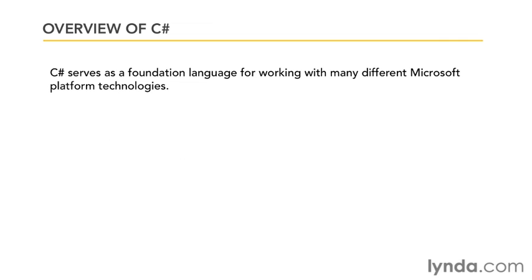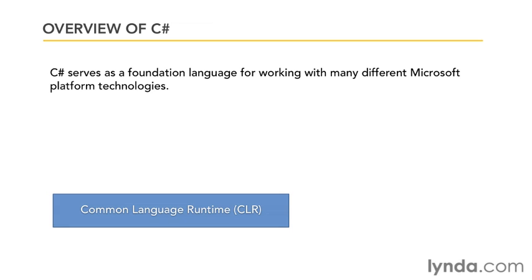Now, as I mentioned earlier, C Sharp is a foundation for working with many different Microsoft platform technologies. At the bottom of the stack is something called the Common Language Runtime. This is the execution engine or virtual machine or whatever you want to call it that actually interprets all the various bytes that the program gets compiled down to and is what runs your code.